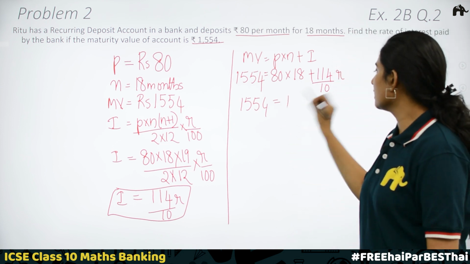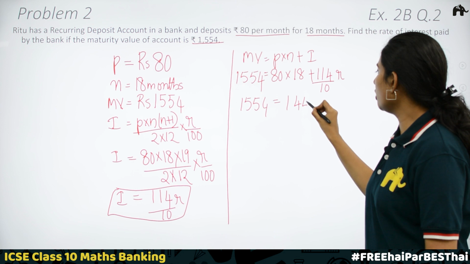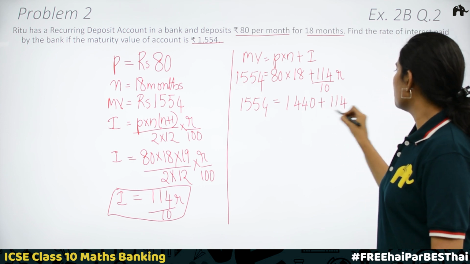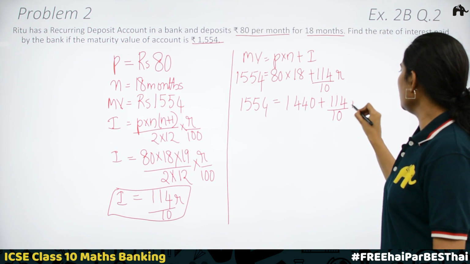We will be getting 1440 plus 114 by 10 into R.